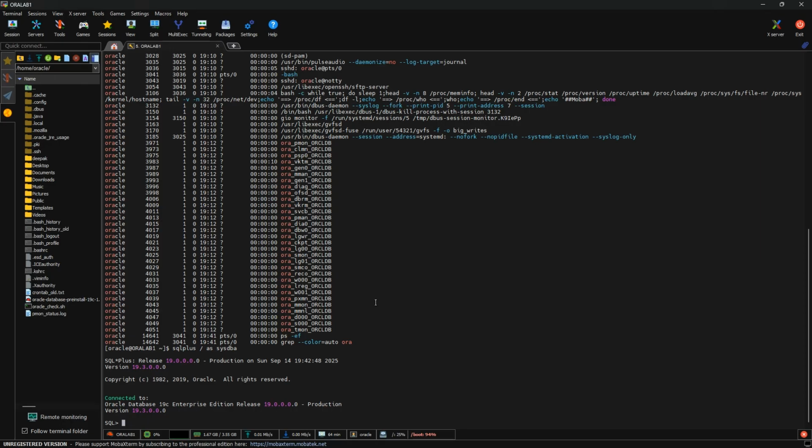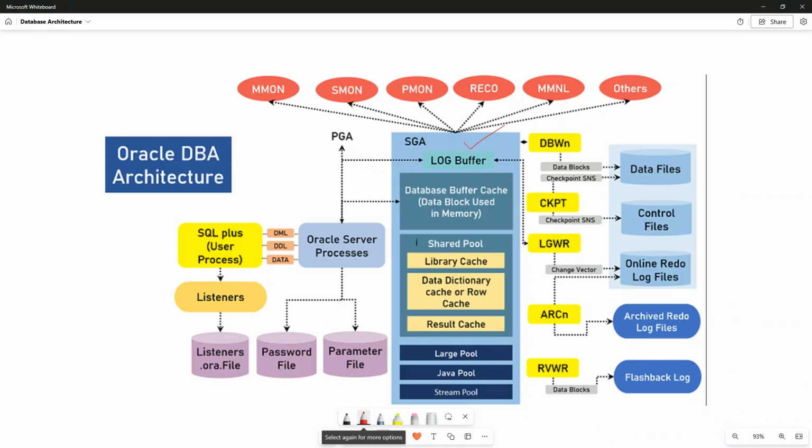We talked about the background processes, right? Let's look at the mandatory background processes that are useful in the architecture. We need to understand and connect to them. So let's look at that.